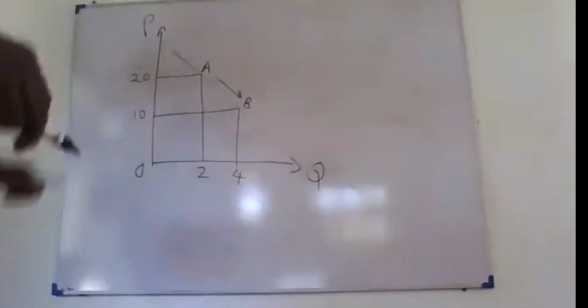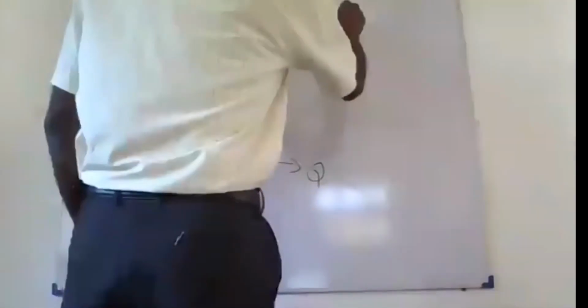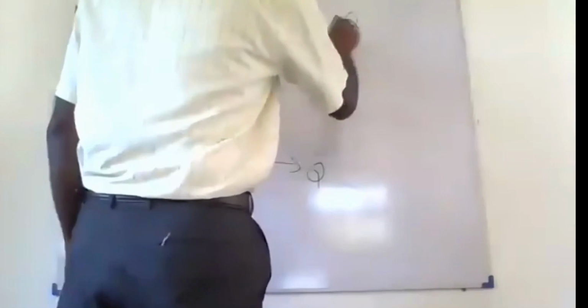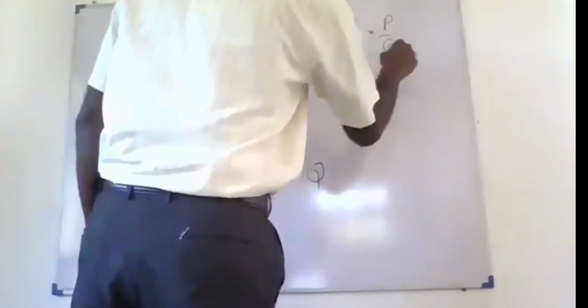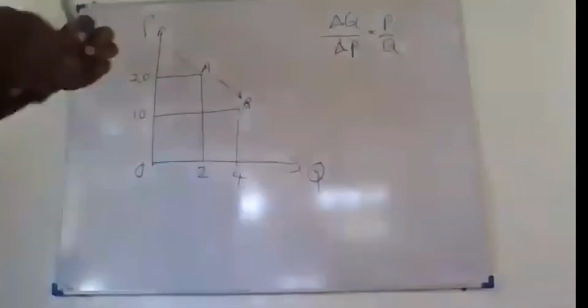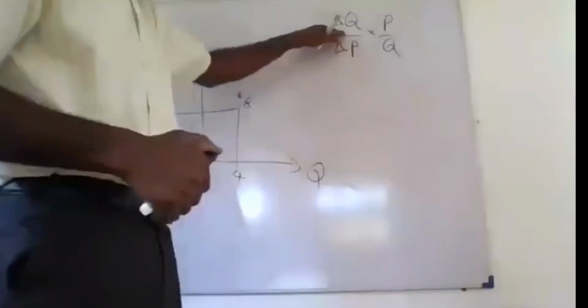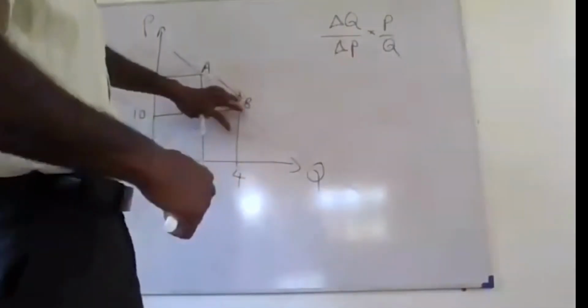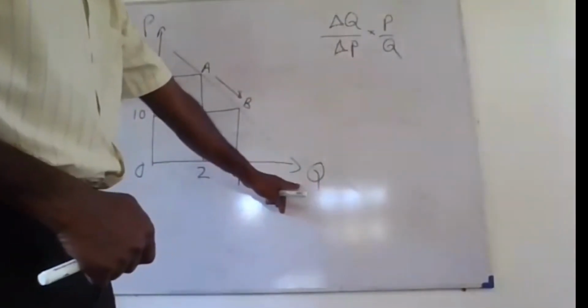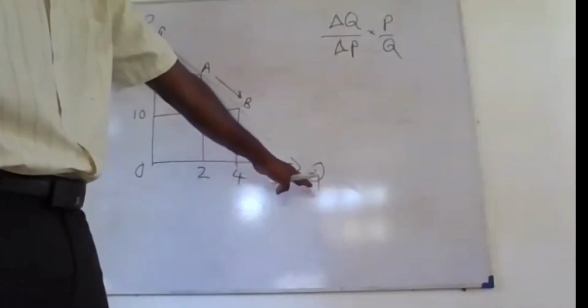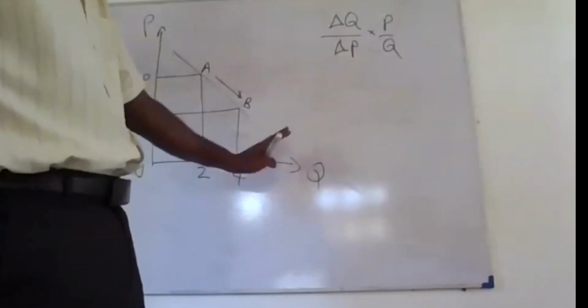Previously what I told you, we had delta Q by delta P multiplied by P by Q. That part is understandable. If we just get the inverse of the slope, it is not the slope, it is the inverse of the slope, because we have Q here. This is the independent axis, and in this graph the dependent variable is on it only.